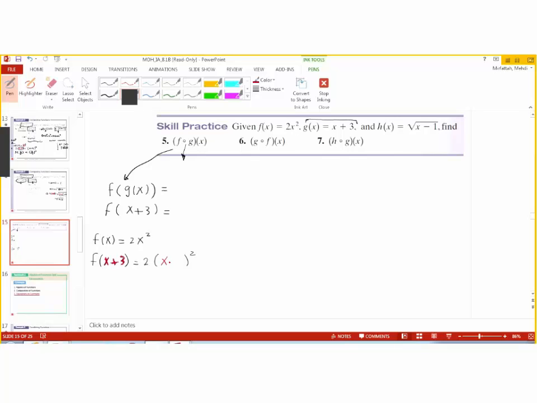Sometimes we have more than one place you see x. So replace each x with x plus 3. Of course, we can expand this to 2 times x squared, 2ab would be plus 6x plus 9. So I can write it as 2x squared plus 12x plus 18.